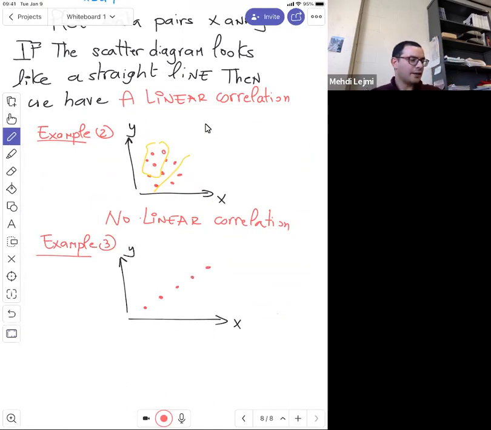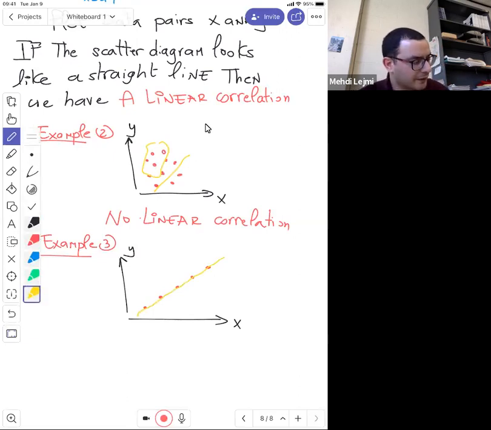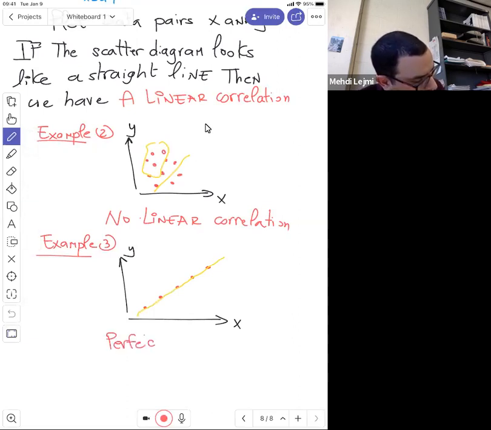In this case, all the points lie on the same straight line, this one right here. So this is a perfect linear correlation, because all the points lie on the same line.